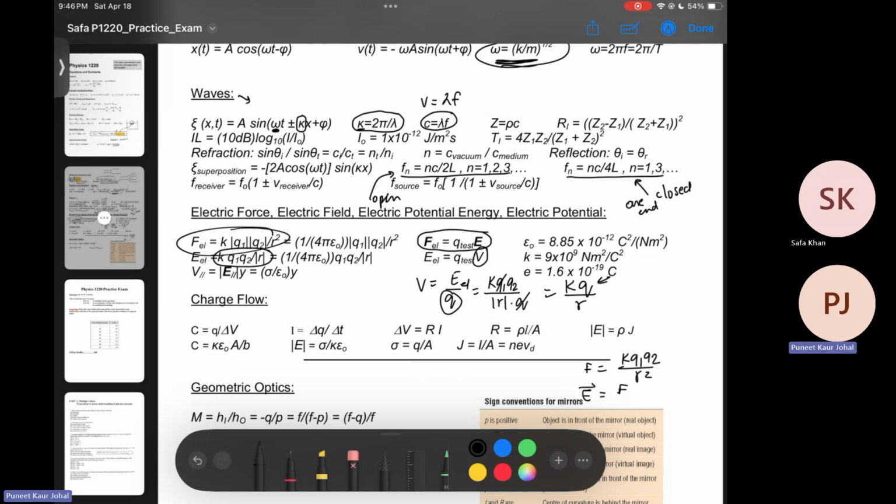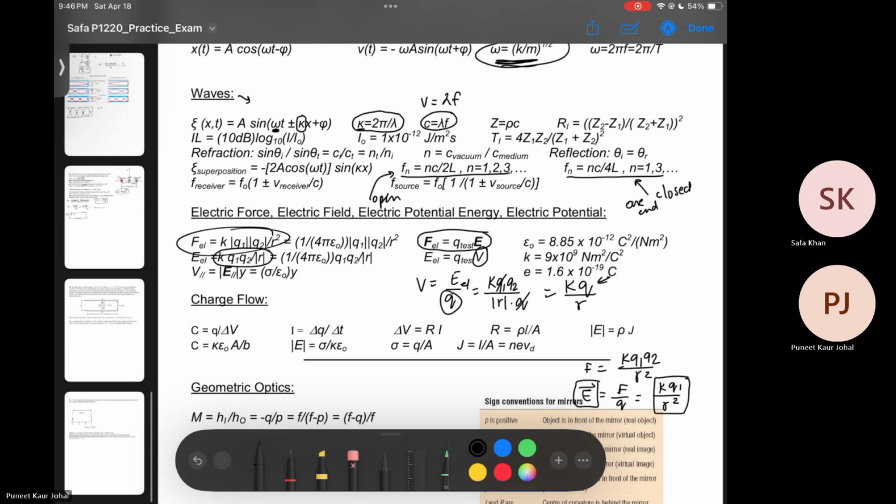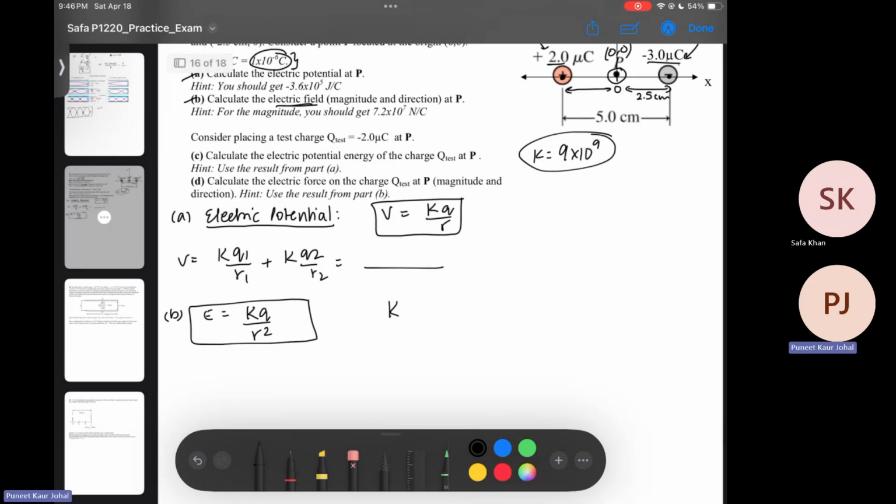So electric field is force over Q. So when you do that, that'll be KQ over R squared. So you're going to do that for the first charge over R1 squared, and then you're going to do that for the second charge, Q2 over R2 squared. And you do that, and that's going to be your total.